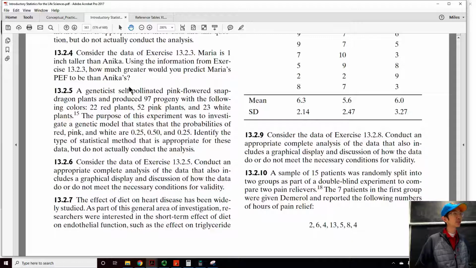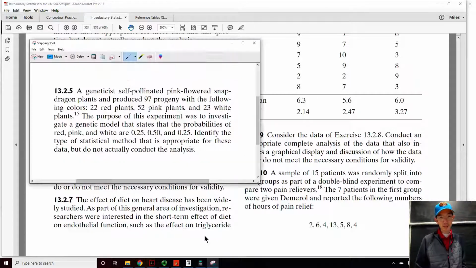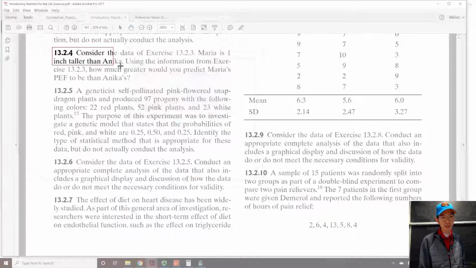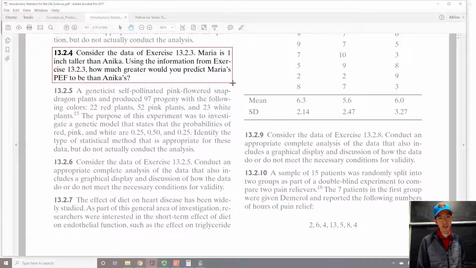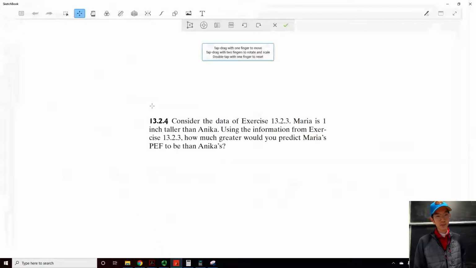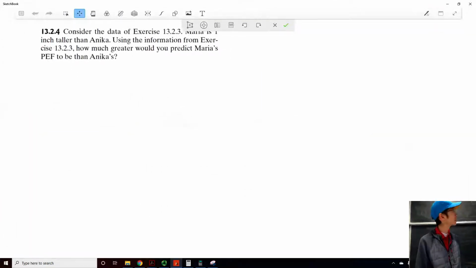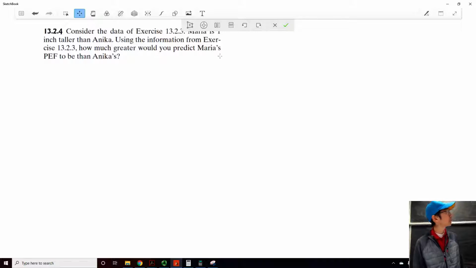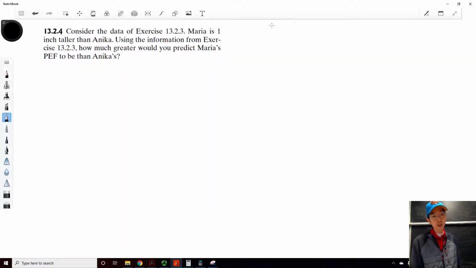What would the answer be equal to? Okay, we haven't done the calculation, but what would we calculate to answer this question?